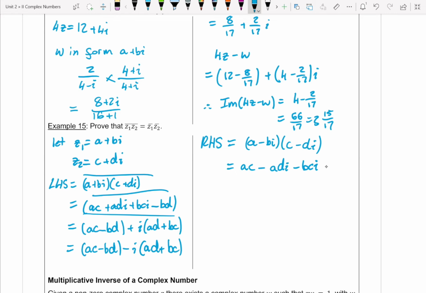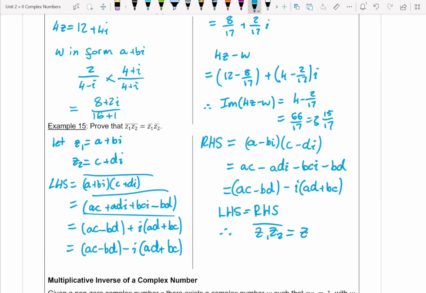It's going to get us minus bd, because our two negatives cancel out, and then we get i squared, so that's still negative, which can be represented as ac minus bd minus i(ad plus bc). And hey, look at that, left-hand side is equal to right-hand side. Therefore, the conjugate of the product is equal to the product of the conjugates.